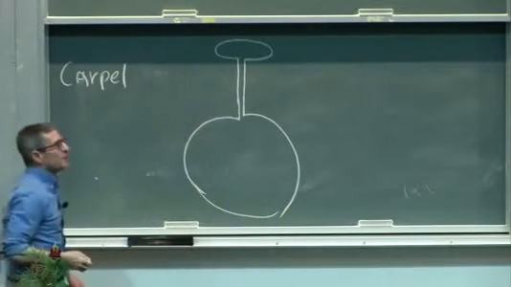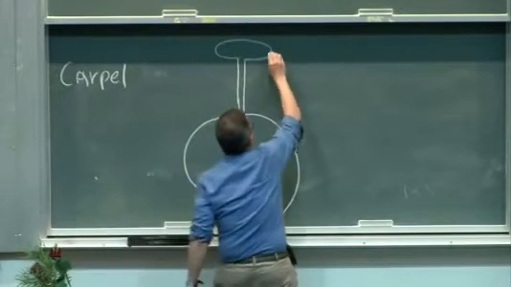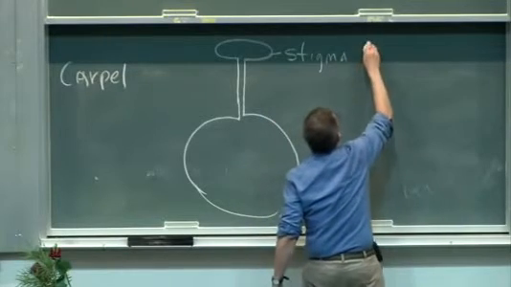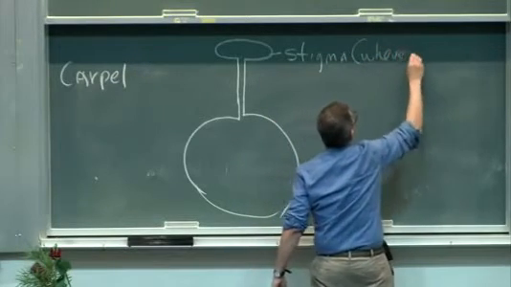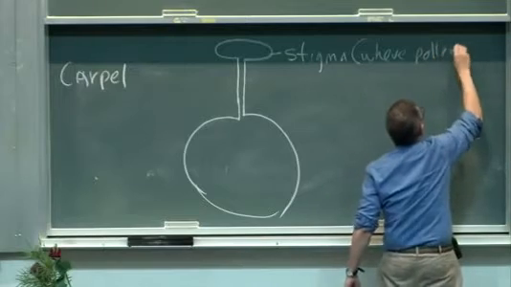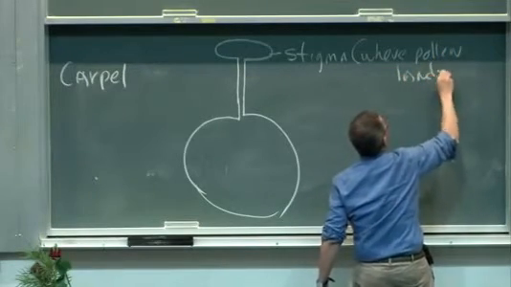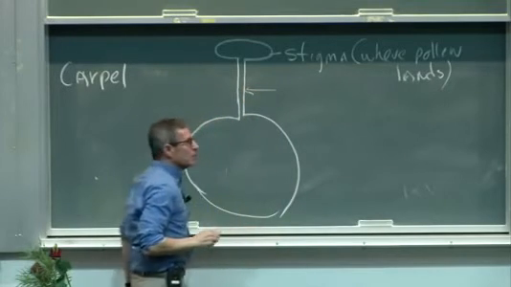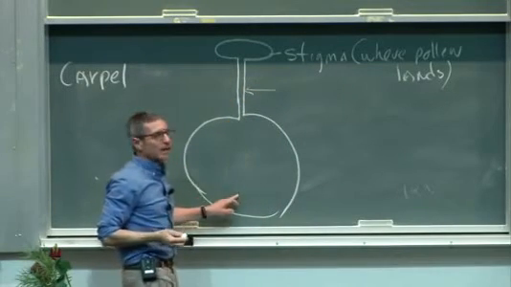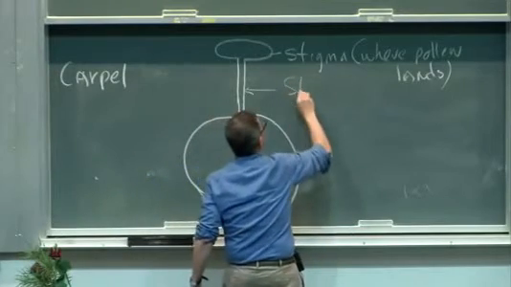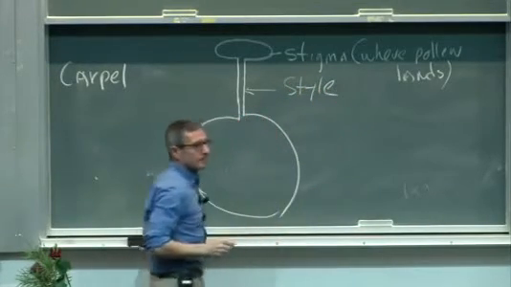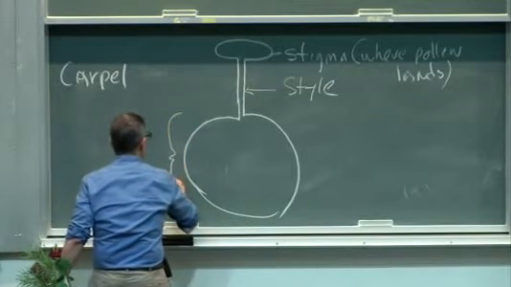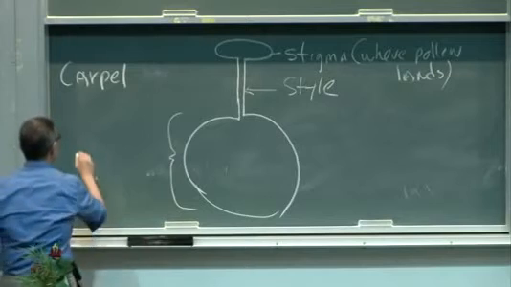Now, these 3 different parts are given a name. This is the stigma. This is where the pollen lands. A filament-like structure which connects the stigma to this swollen base is called the style. And then at the very base of the carpel, the swollen-like structure, which is called an ovary.